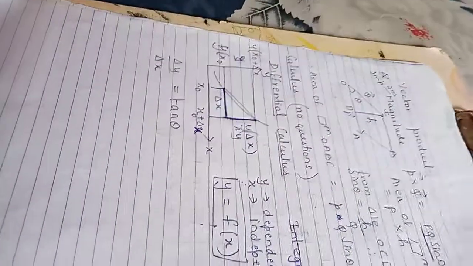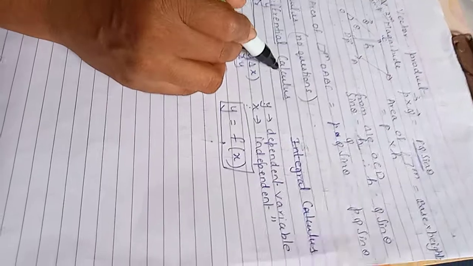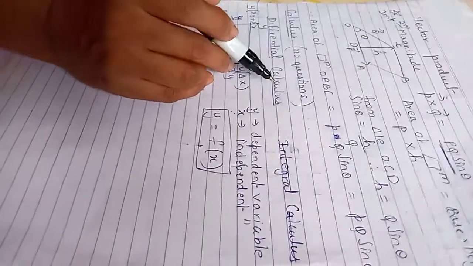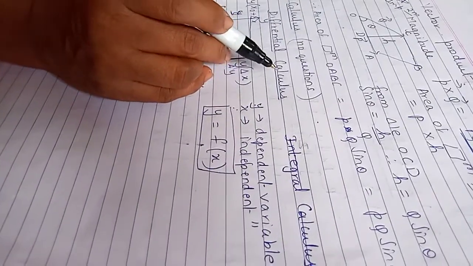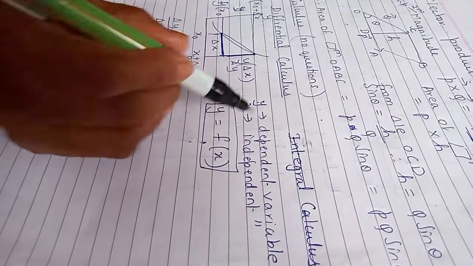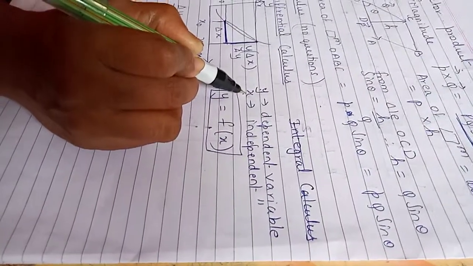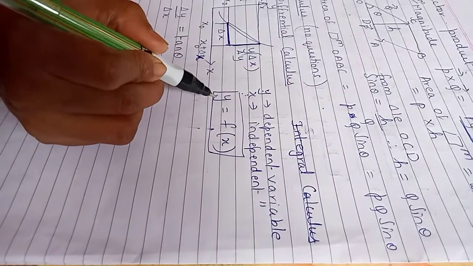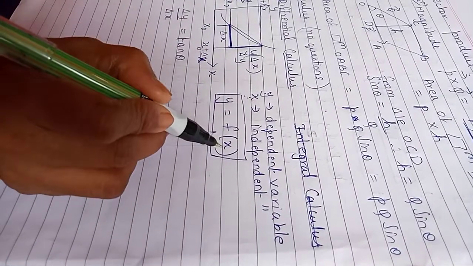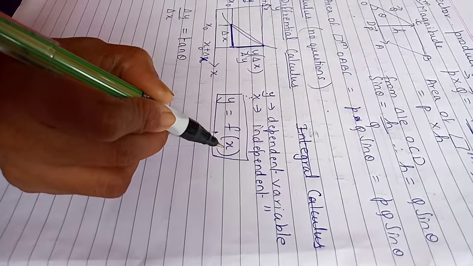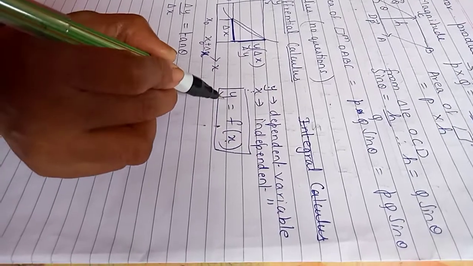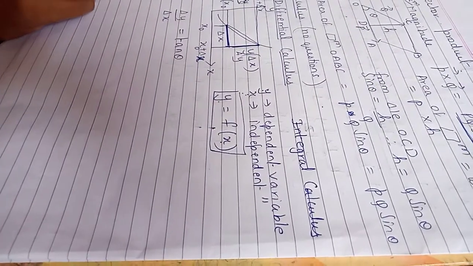Okay. Let me repeat again. Differential calculus involves dividing into a large number of parts, smaller and smaller parts. Generally, if x is an independent variable which changes with time, then y is a dependent variable, which depends on x, and in mathematical language it is called y is equal to a function of x.